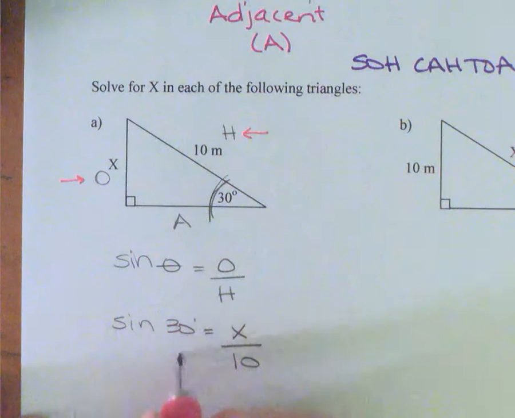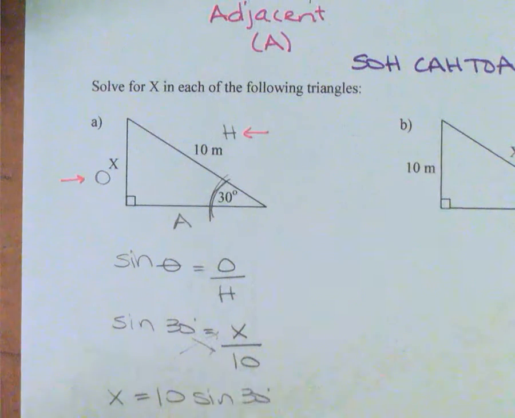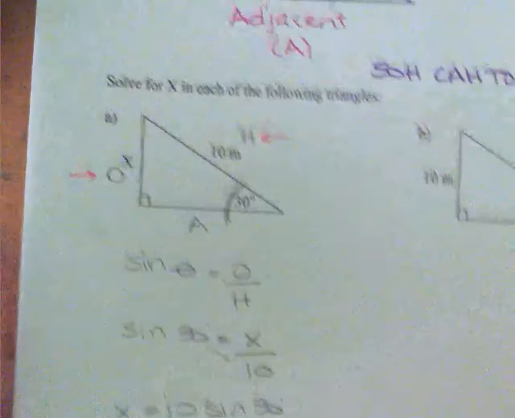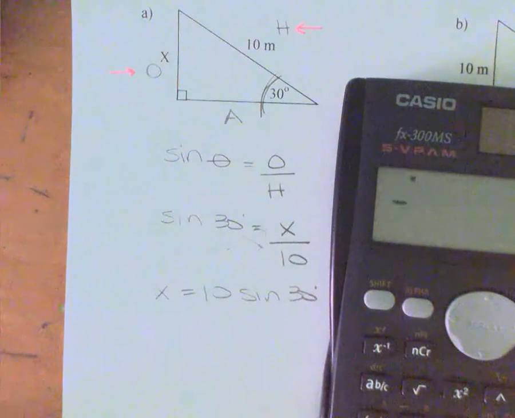So now I'm going to cross multiply. So this is 1 times x is x, and this is 10 times sine 30. I'm going to plug it into my calculator.